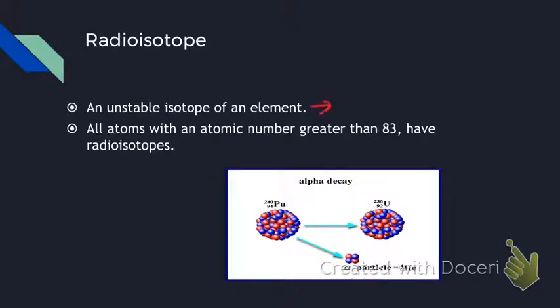They break down naturally. Famous ones are uranium and plutonium, all those are radioactive. But anything after atomic number 83 is radioactive. We call them radioisotopes.